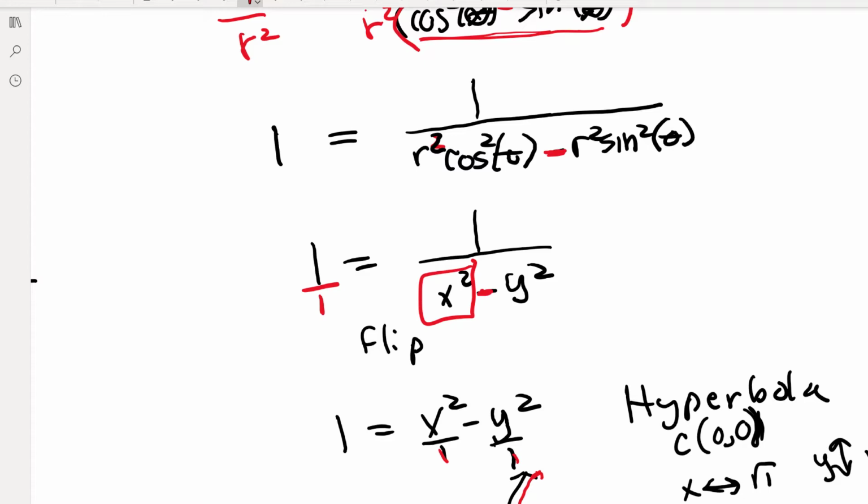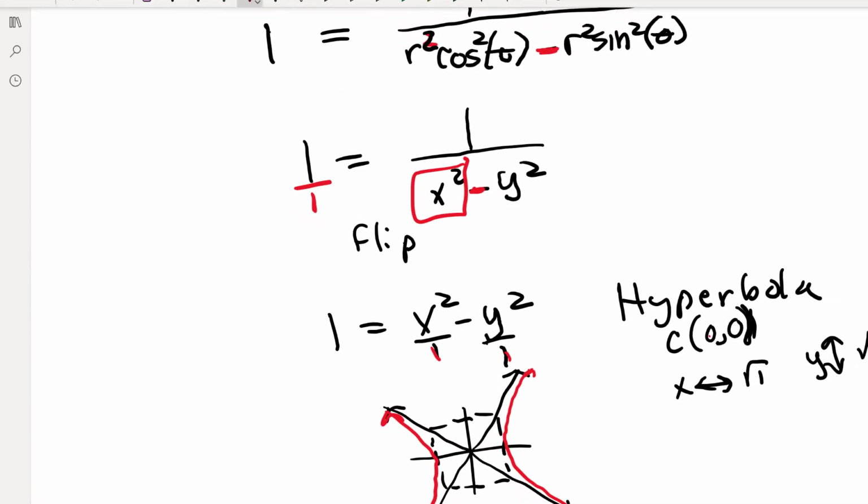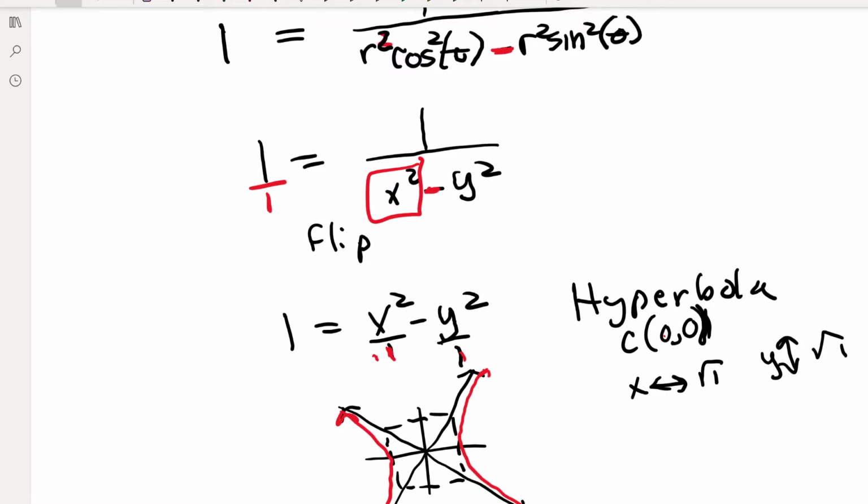That's just a hyperbola whose center, because there's nothing in the parentheses with the x and y, is 0, 0. And to graph it, to sketch it, you go over the square root of 1, which is 1, and you go up the square root of 1, which is 1, and then you draw that invisible square, and then you draw the diagonals through the square.